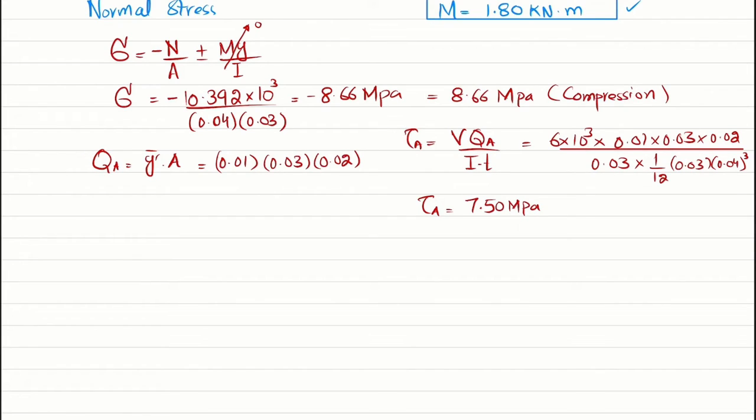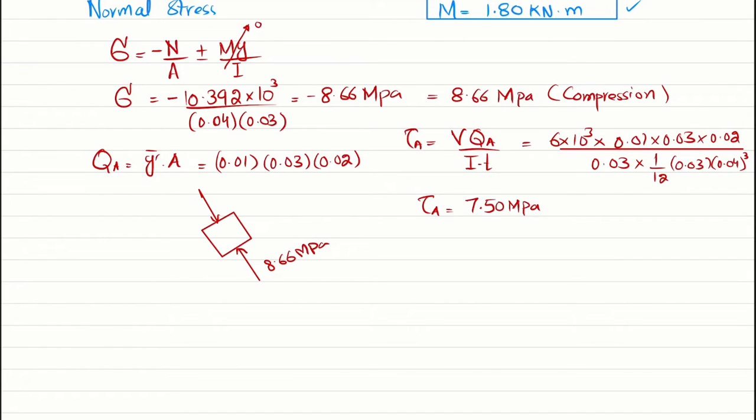So if you draw the state of stress on the element, let this be the element. Clear? So you can see sigma y, which is this one in this direction. This was y, so this is sigma y, and that is 8.66 megapascal in compression.